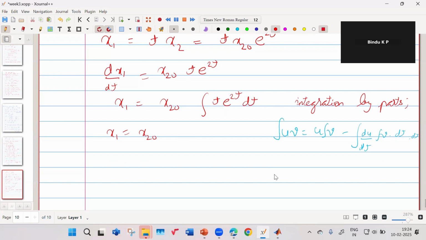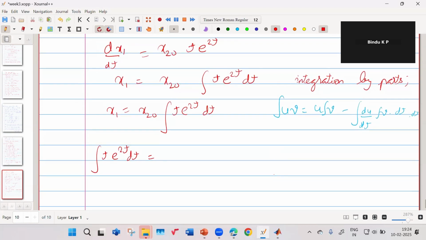So let's try. x1 is x2(0) times the integration of t e to the power 2t dt. Here we use the LIATE rule: logarithmic, inverse, algebraic, trigonometric, exponential. Exponential is last, so my u is t and my v is e to the power 2t.